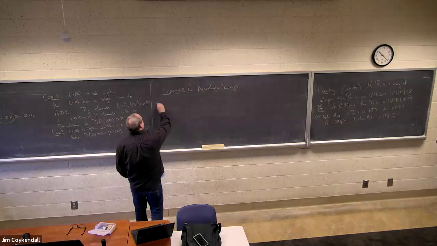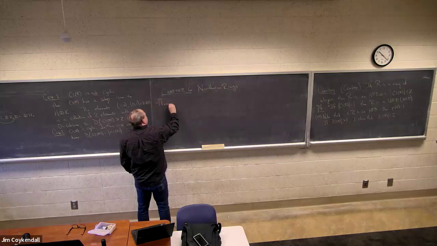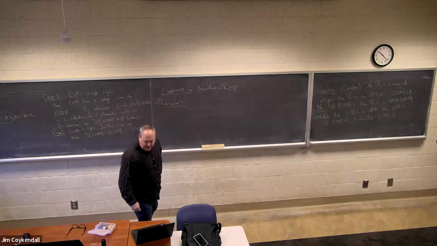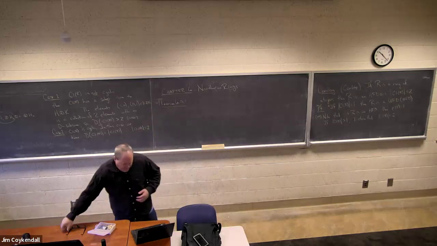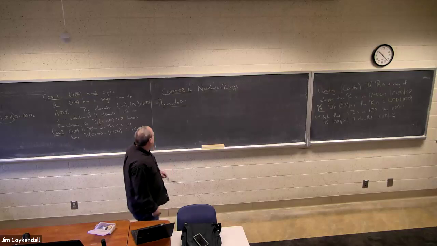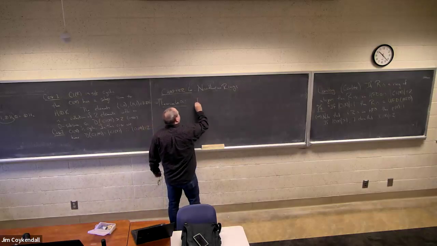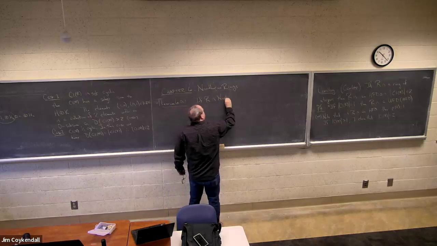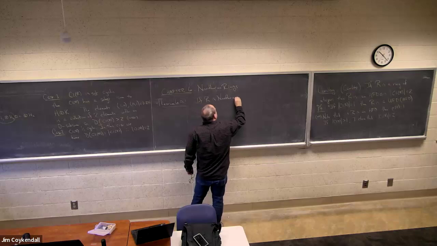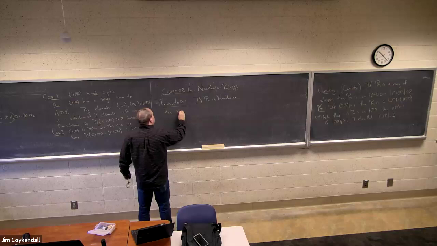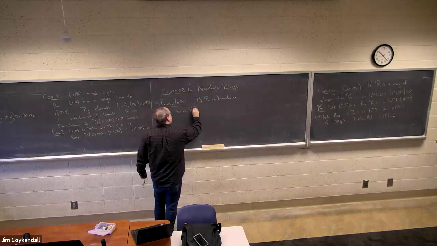We're going to highlight some of this. A lot of these theorems are kind of review. If R is Noetherian, here all my rings have one, then so is R[x].